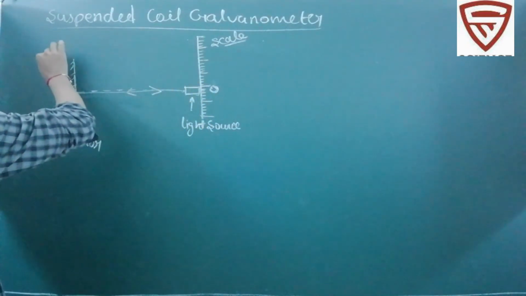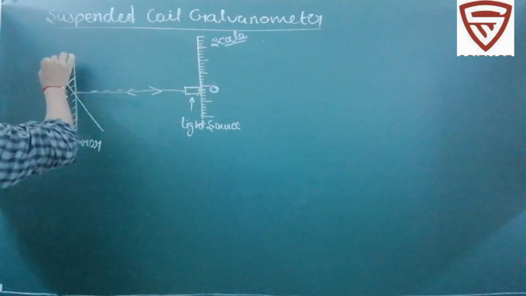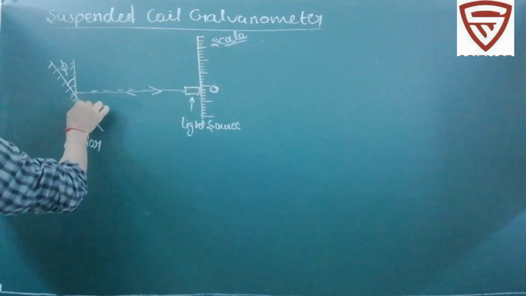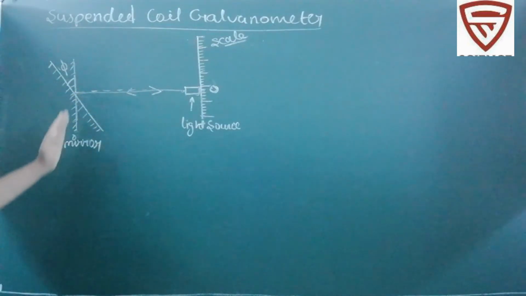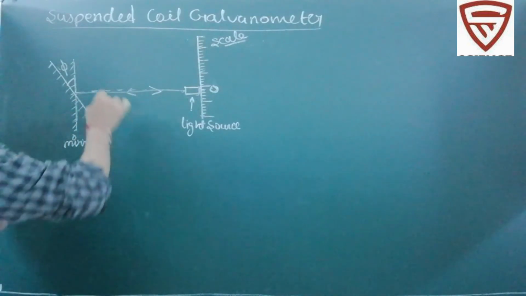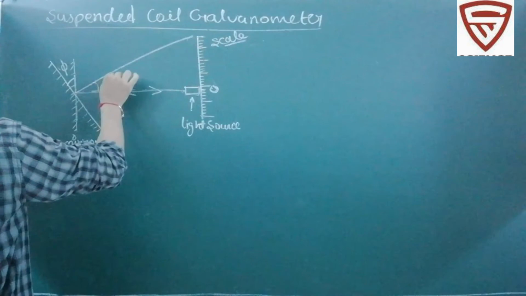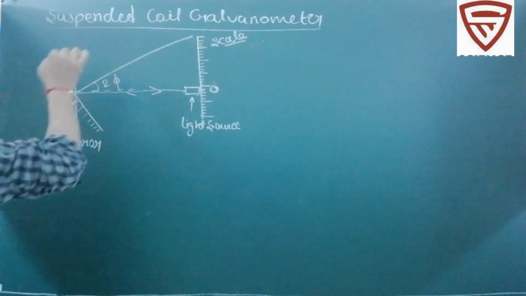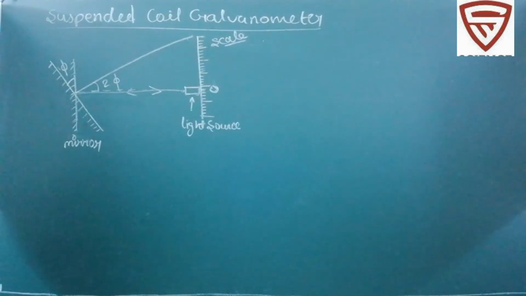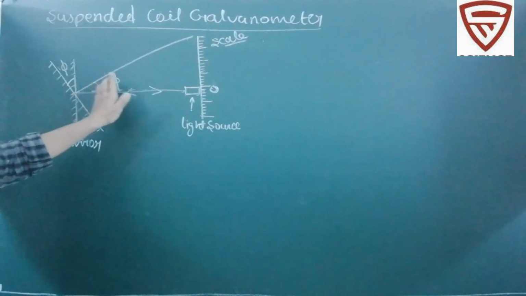But consider that the mirror is deflected by 5 degrees. Then the reflected ray will be deflected by 10 degrees, and we will study this topic in ray optics. So whenever there is a deflection, there is a twice deflection.